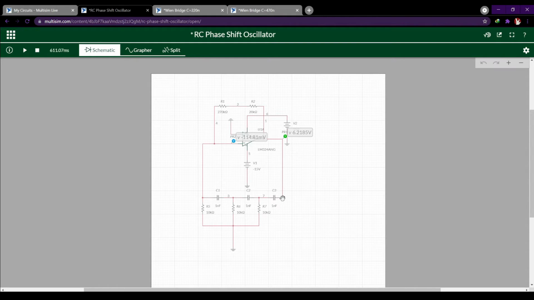Then when it comes out of here, it will add another 180 degrees phase shift, which should be out of phase from the output. Meaning if the output is positive phase, here it should be negative phase. So when we add up, we will get 0 or 360 degrees. Then it will enter the operational amplifier again.